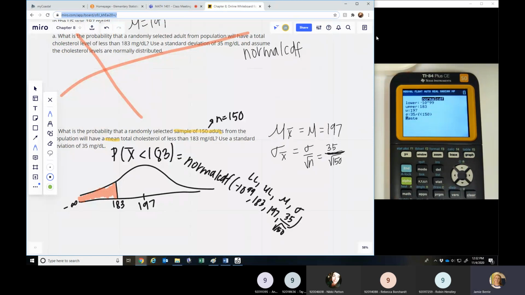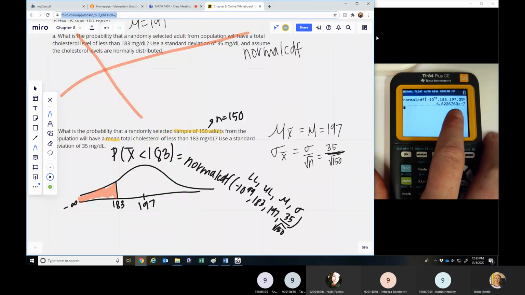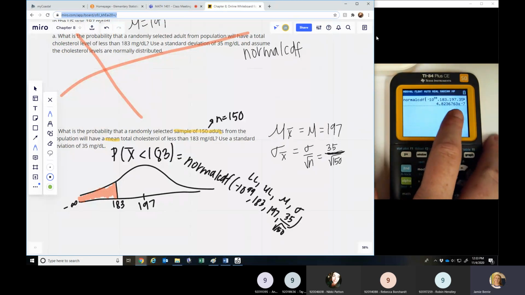All right, now you're going to go to paste. Then hit enter. And what a weird looking answer, right? So what this means, we've talked about this a while back, but just to remind you, when you see this little E, this is your calculator telling you that you're going to have to move the decimal.